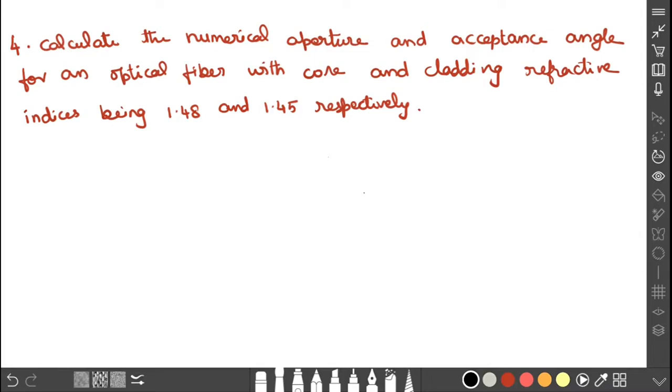Calculate the numerical aperture and acceptance angle for an optical fiber with core and cladding refractive indices being 1.48 and 1.45 respectively. We have already discussed the formulas for numerical aperture and acceptance angle, and the same thing we are going to use here. First we will write the given data.